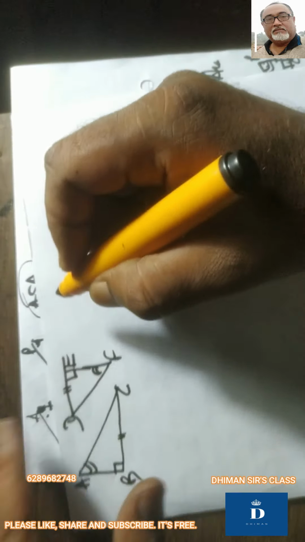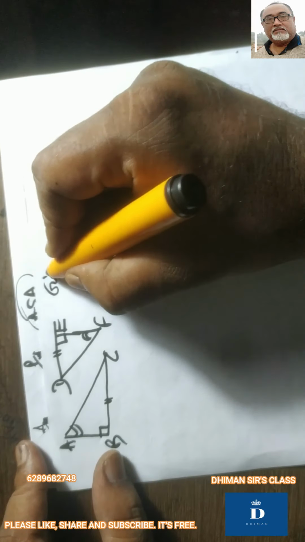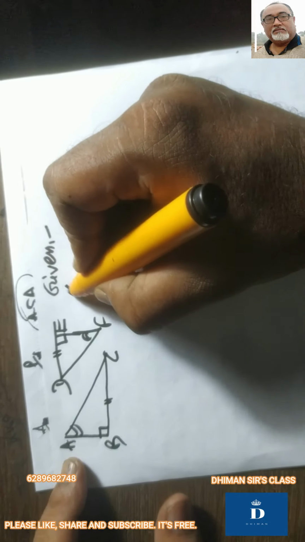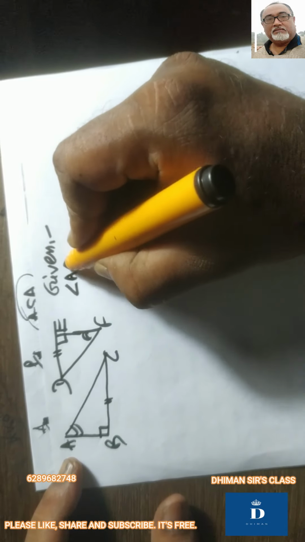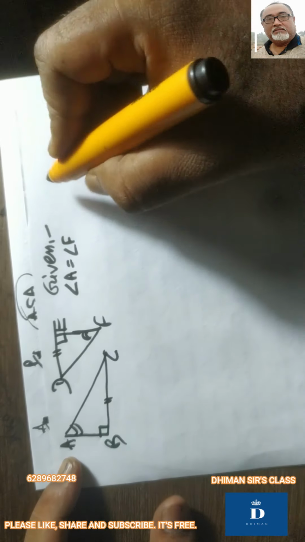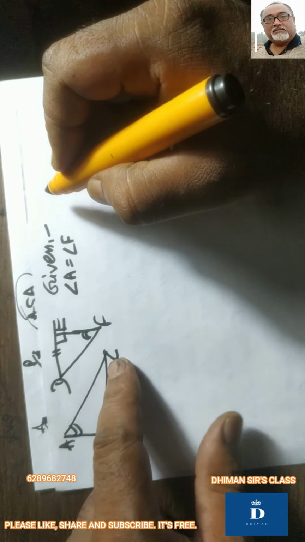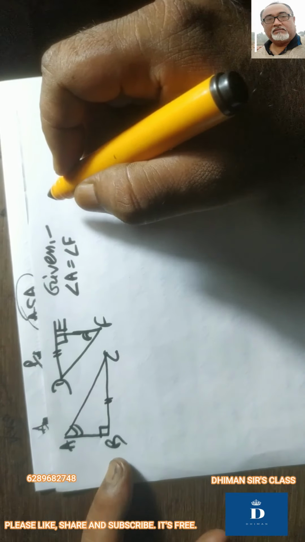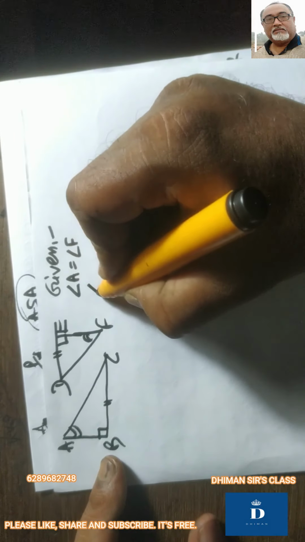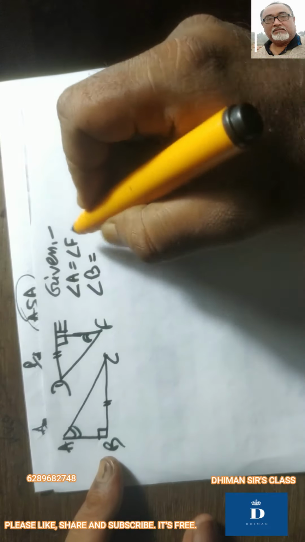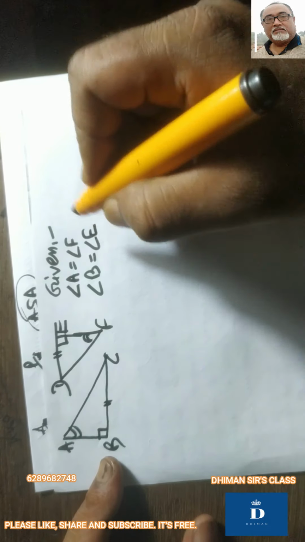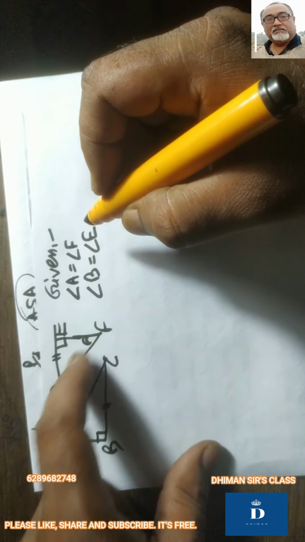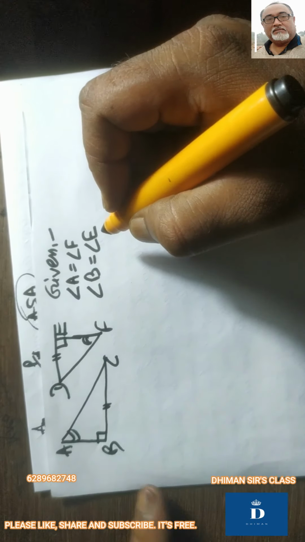Now again see, angle angle side. Here, what is given to us? Angle A is equal to angle F. You can also write angle BAC is equal to angle EFD, and angle B is equal to angle E, or angle ABC is equal to angle DEF, both are 90 degrees.